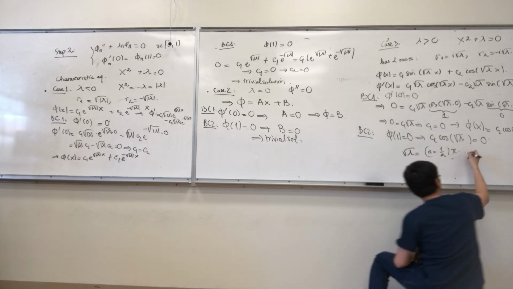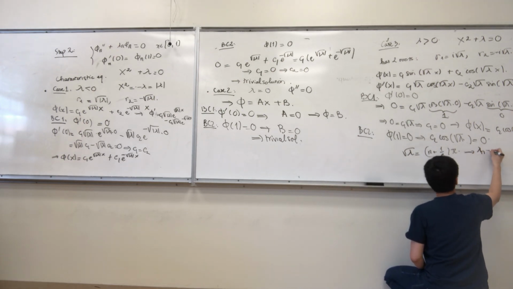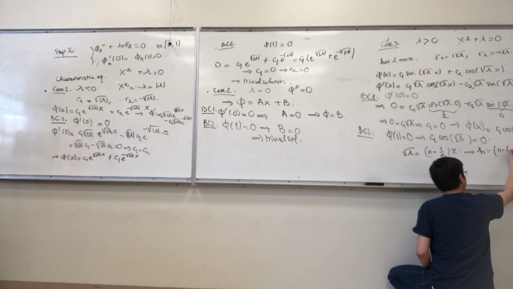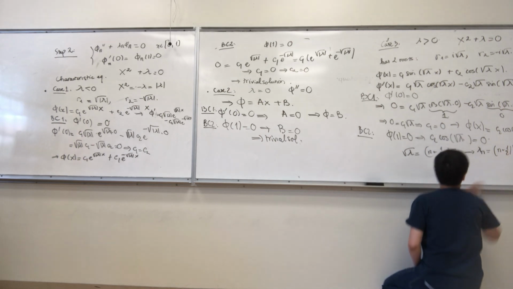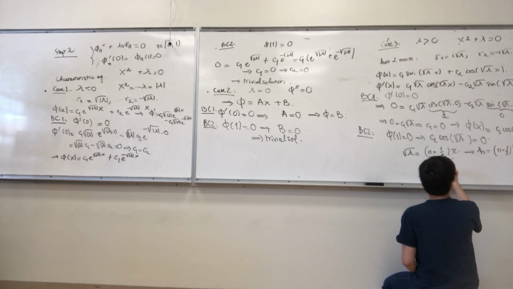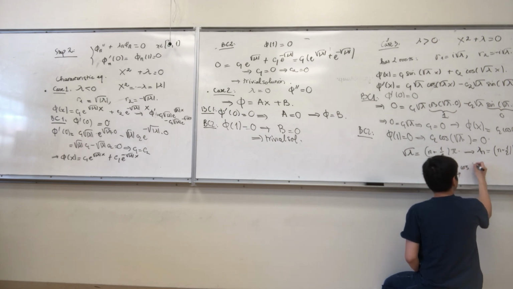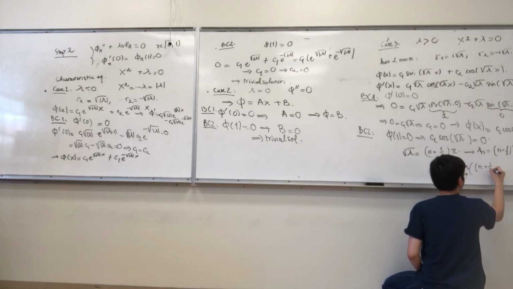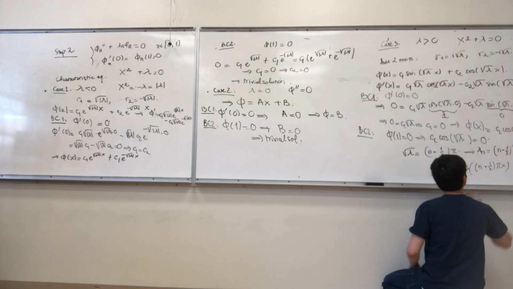So the eigenvalue will be n plus 1/2 squared pi squared, and then the eigenfunction will be cosinus of n plus 1/2 pi x.